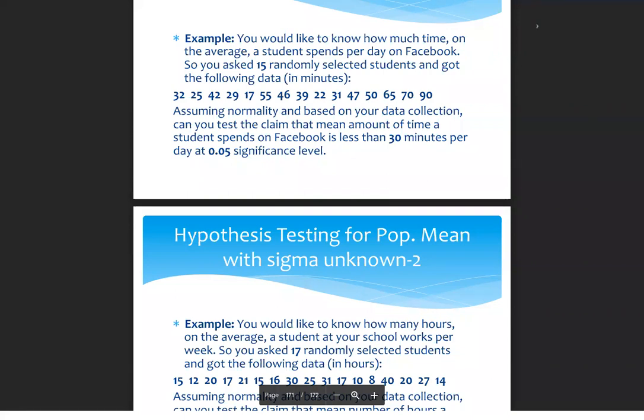X bar is 44, and the sample standard deviation S is 19.90. Okay, so go ahead and everybody work on this problem. I'll give you a few minutes to work on it, and then we'll go ahead and work together.